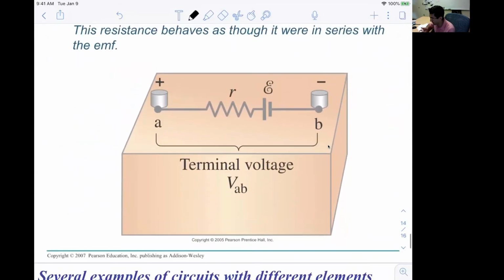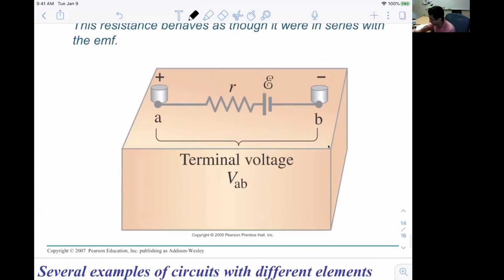This is a more realistic picture. You have a battery, but it has an internal resistance you don't see. When you pass a current, you must take it into account. Epsilon is the EMF, and when the current I passes, the potential difference VAB will be epsilon minus I times R.